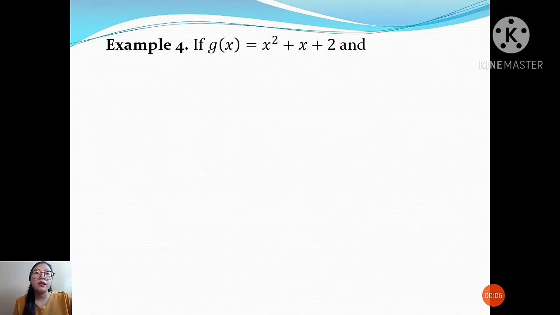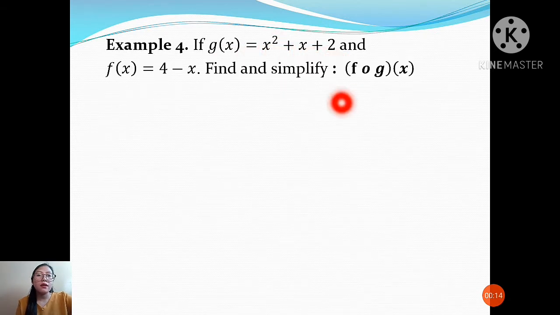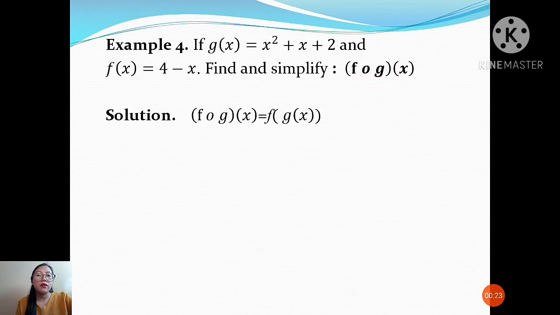Now for our example number 4. Example number 4: if g of x is equal to x squared plus x plus 2 and f of x is equal to 4 minus x, find and simplify f composed with g of x. For our solution, f composed with g of x is equal to f of g of x.